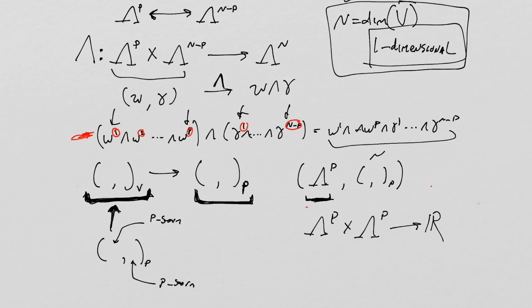And so I get two P forms and I get a real number out of it. So what real number is it? Well, if I put a P form omega and a P form gamma into the P exterior power inner product, I'll get an element of the real numbers.